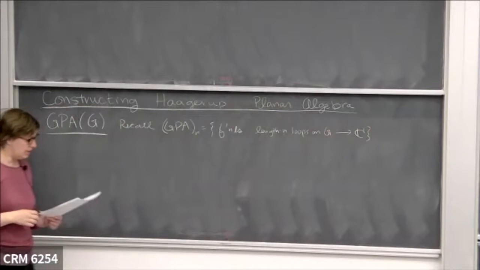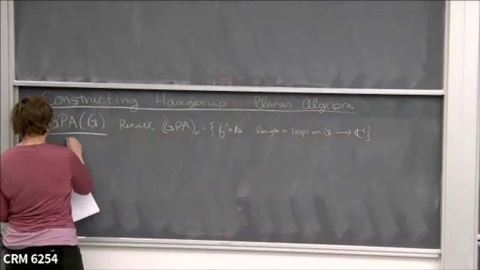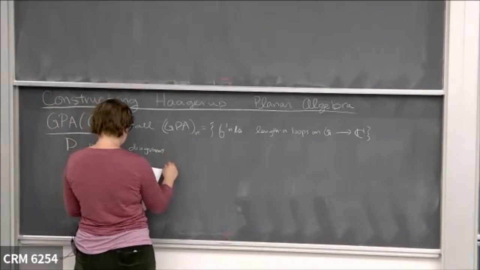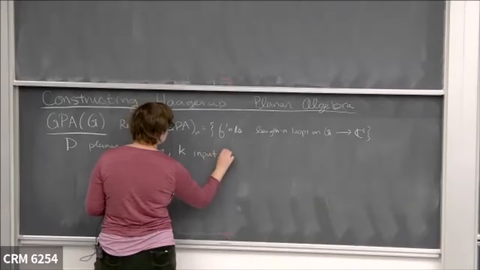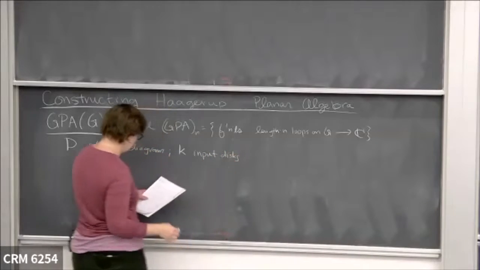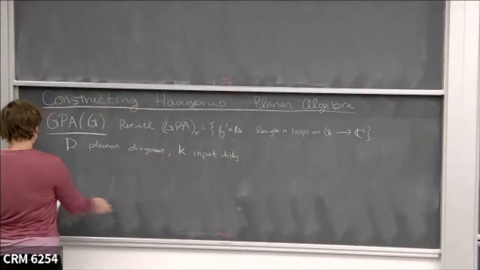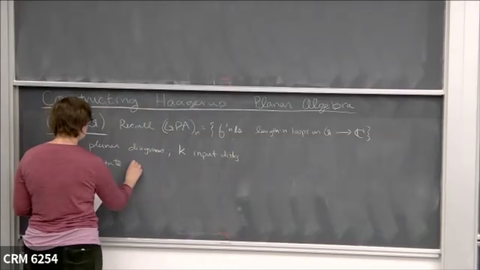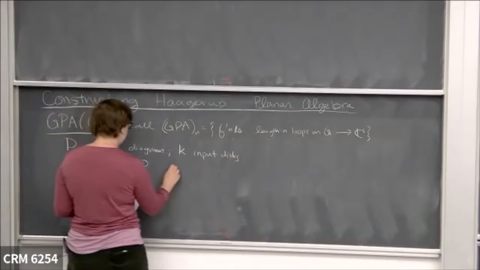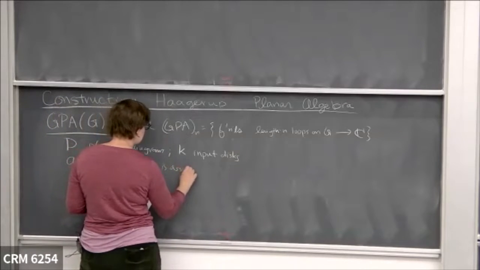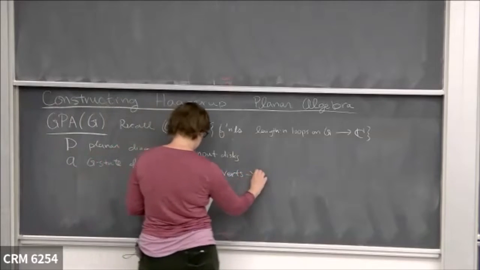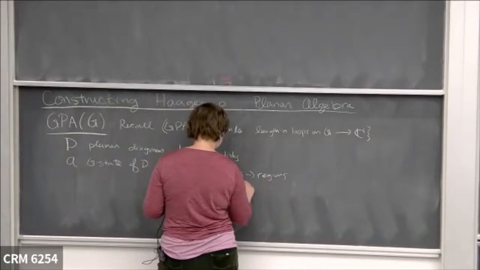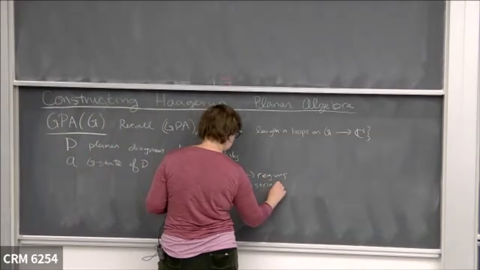And to define the action of a planar diagram D, let's say D has k input disks, k interior boundary components, and when we talk about a G state of D, we mean an assignment that associates vertices to regions and edges to strings in a consistent way.